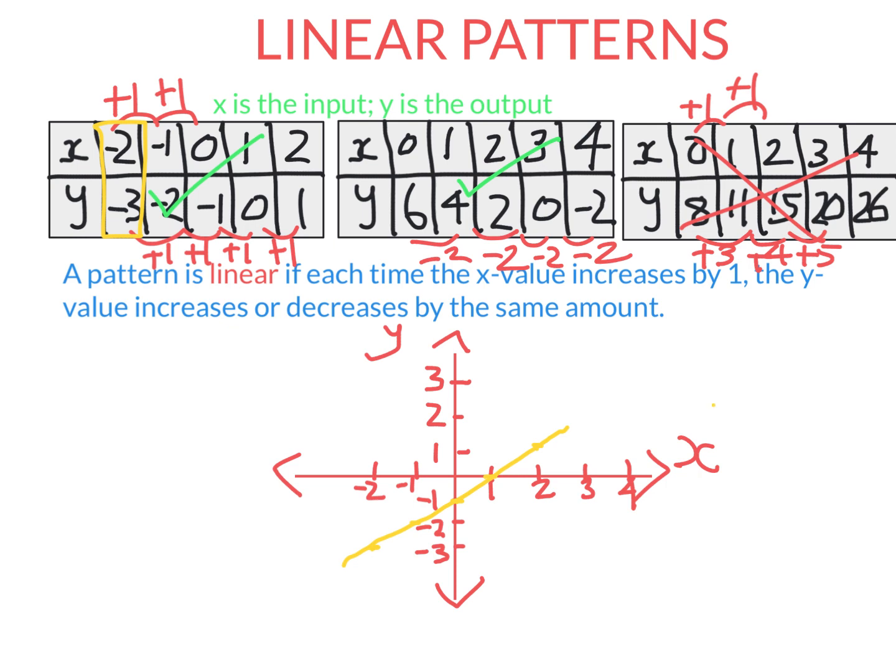They would look something like that, not a straight line. So linear patterns are so called because if you plot each point, they lie in a straight line, but you can tell easily whether or not they're linear by just looking at, does y go up or down by the same amount each time? All right, let's look at some harder questions.